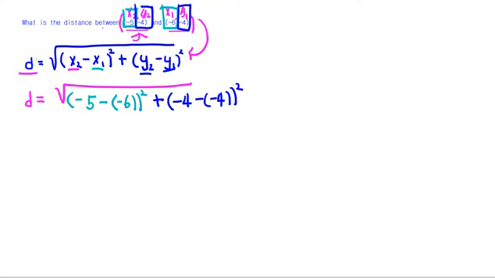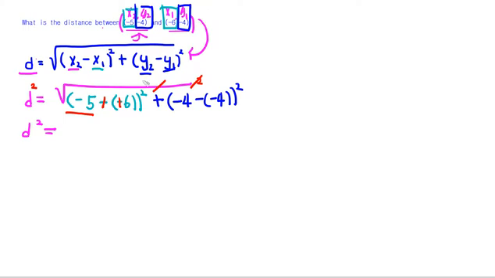And we can simplify this expression a little bit. We can square both sides in order to remove this radical. The radical and the square cancel out, and we get distance squared equal to negative 5 minus negative 6, which cancels into a positive.